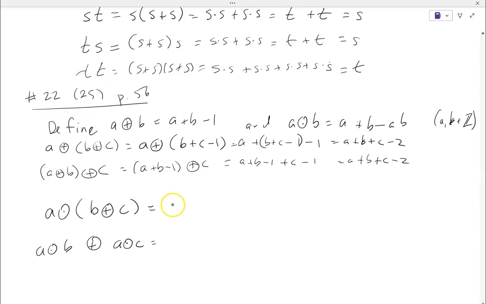In the first one, we need to add b and c together. According to that definition, that's b plus c minus 1. What do you get when you multiply?